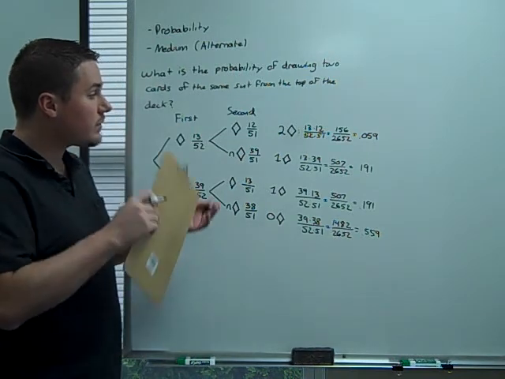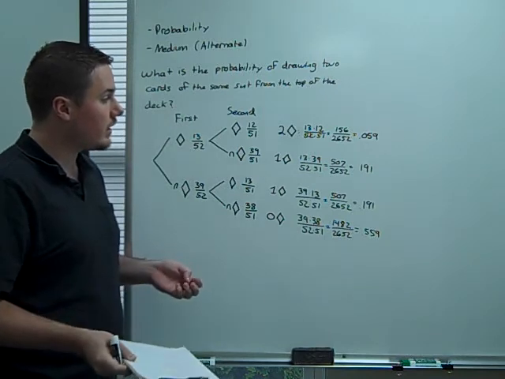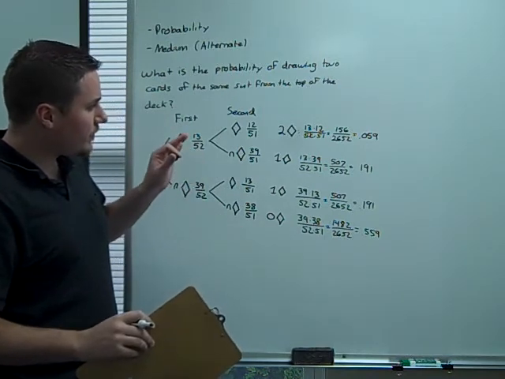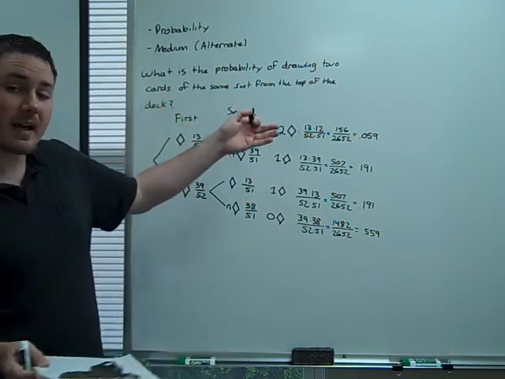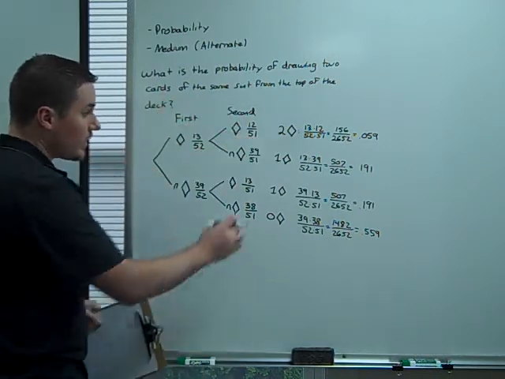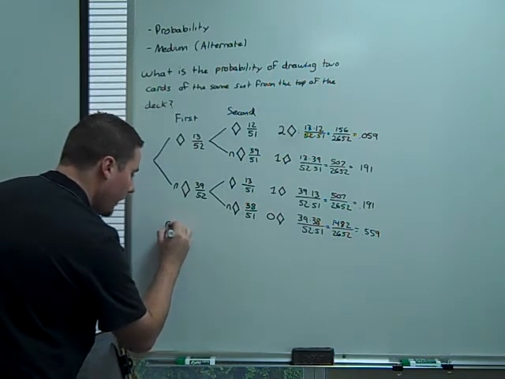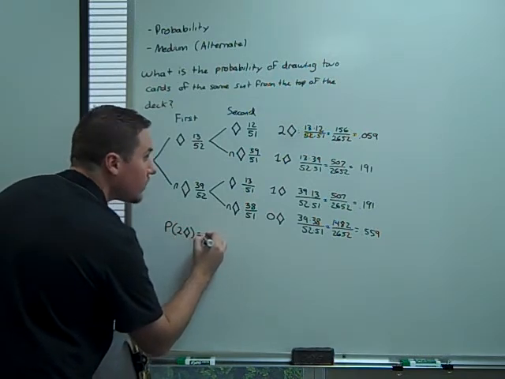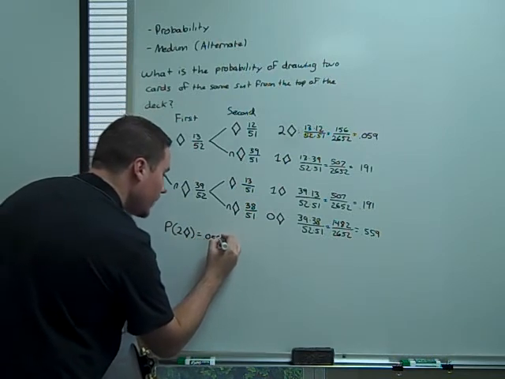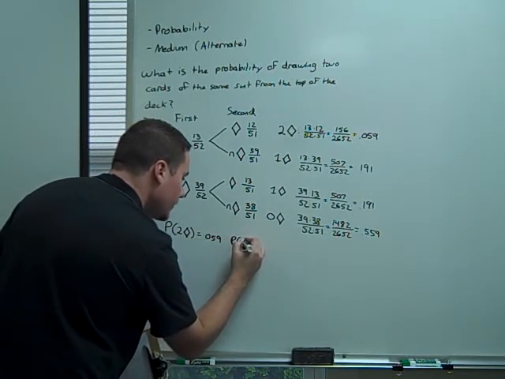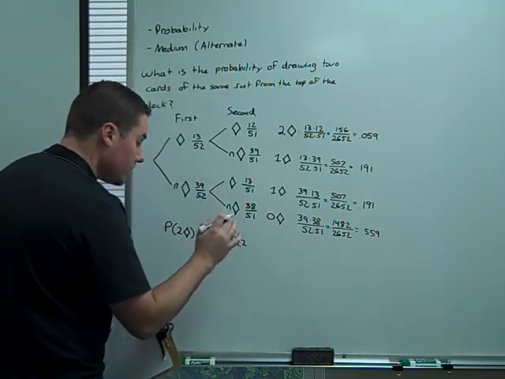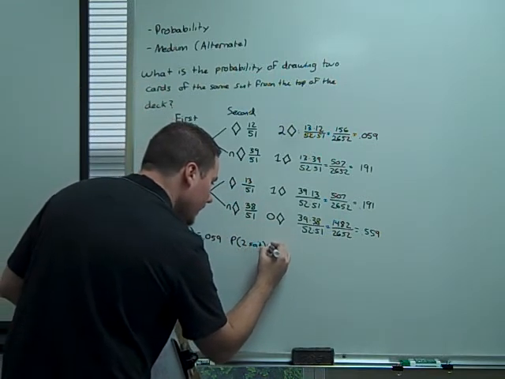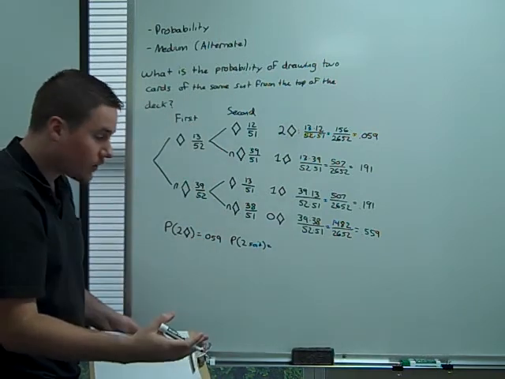Now, if you've just watched the previous video and you saw that we got an answer somewhere around 20%, I would say, well, we've only done diamonds. So the probability of 2 diamonds is equal to 0.059. So the probability of 2 face cards, or two of the same suit, is going to be 4 times this, because there are 4 different suits.